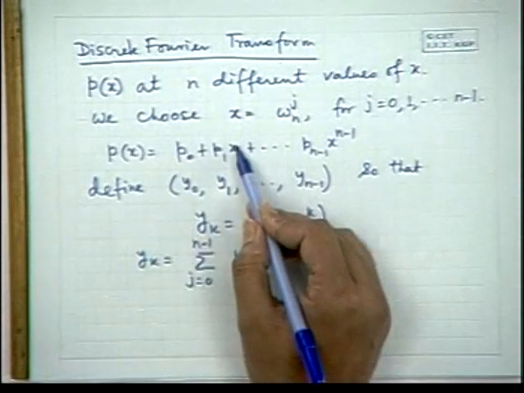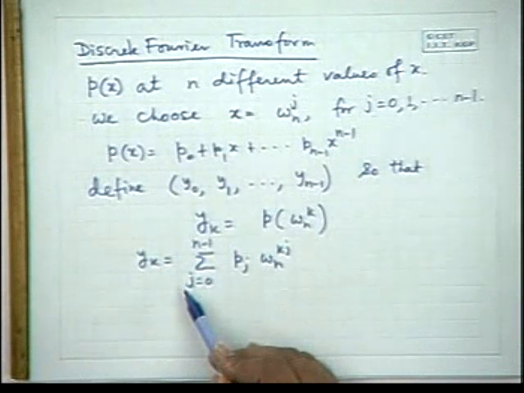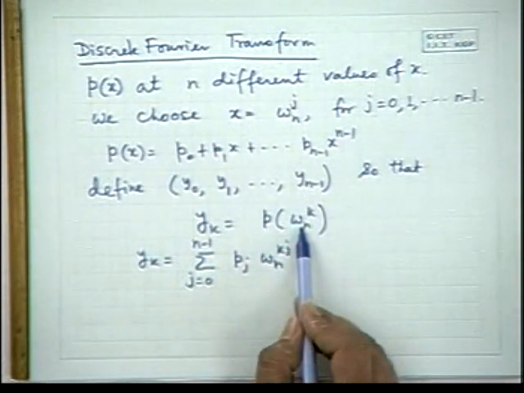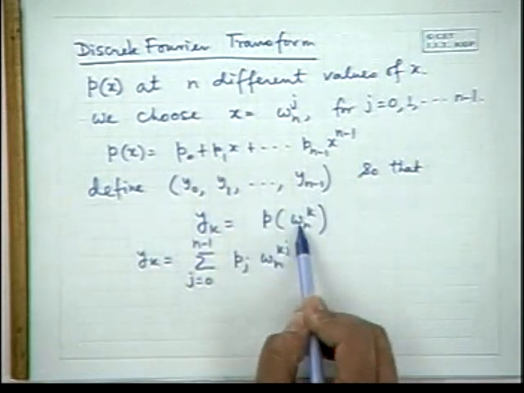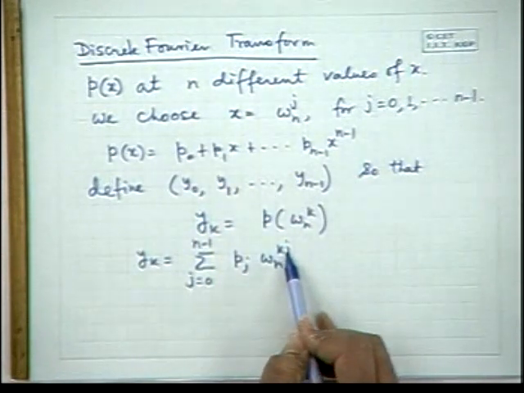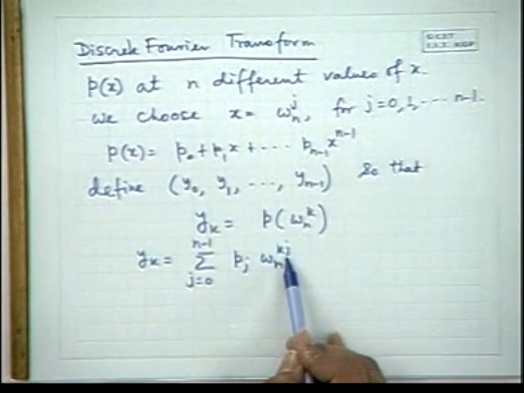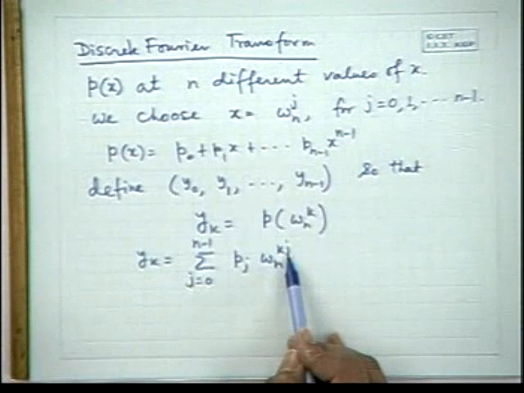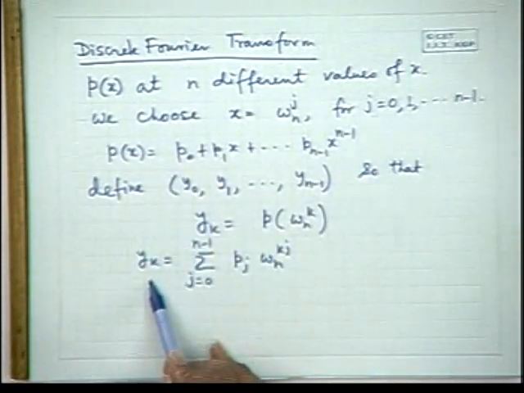Just put the value w_n^k in place of x: x to the power j gives you the power j here, and you take the sum to get the value yk.